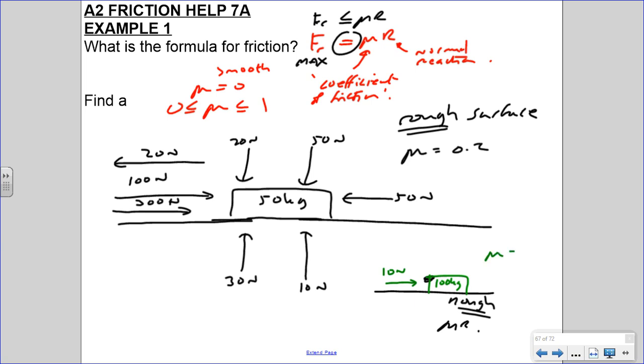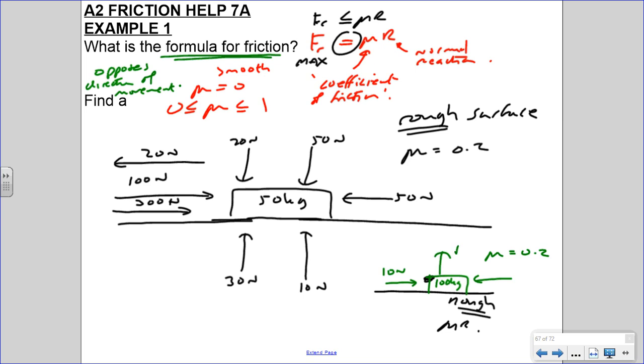Let's say the coefficient between those two surfaces was 0.2. Friction always opposes intended movement, or the movement itself. That's a really important aspect. That's how you know which direction to put your friction arrow. Friction is never going to help you move somewhere. It's always going to act against you.